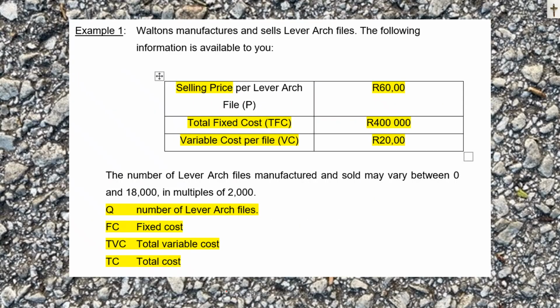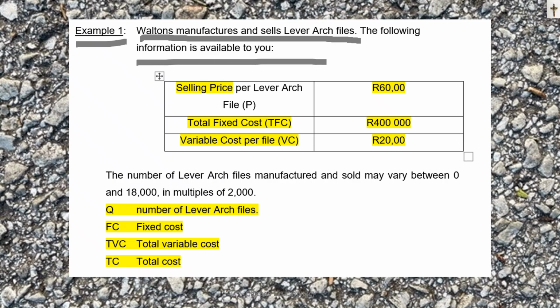It's time to look at an example. Example 1: Waltons manufactures and sells lever arch files. The following information is available to you. The selling price is 60 Rand per unit.